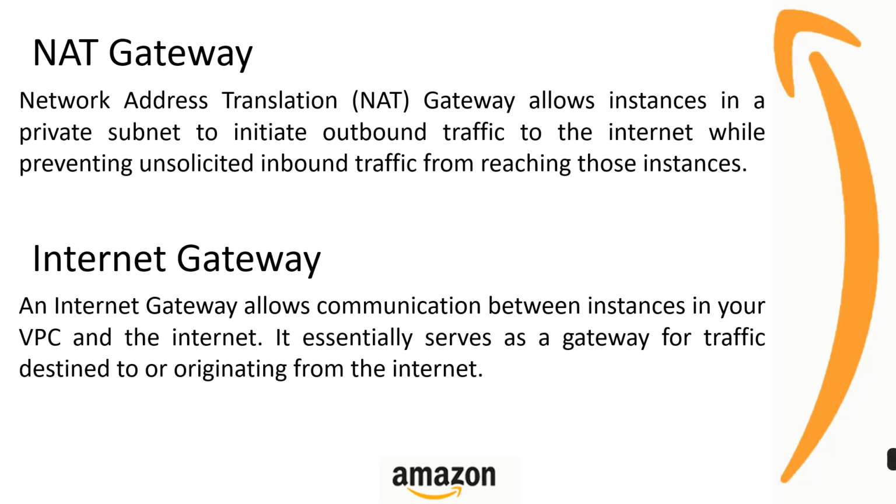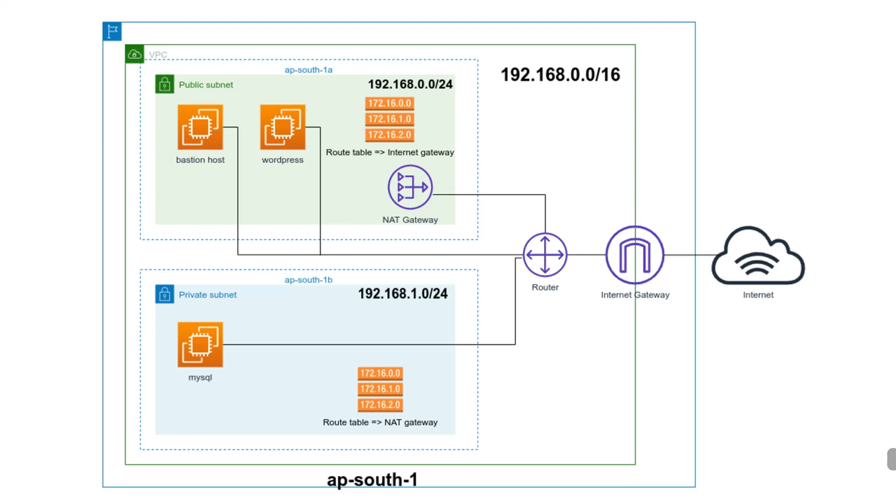NAT gateway, right? Let me create a scenario first. Suppose we have a UI application, and that UI application is connected to our database, right? You can see this better in this diagram.